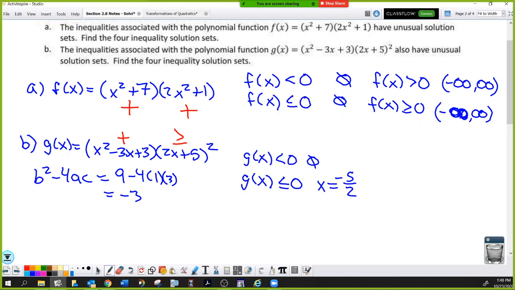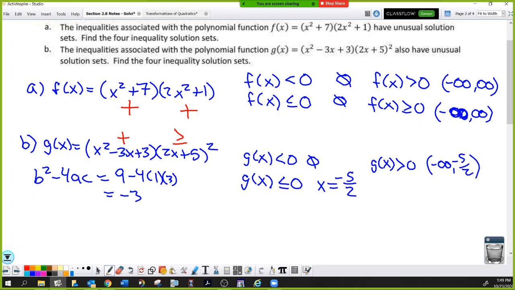So where is g of x strictly positive? Hold on. Where is it strictly positive? Chris? Everywhere except for negative 5 halves. So how do I write this? Negative infinity, I'm trying to squeeze it in here. I don't know if it's going to fit. Negative 5/2.